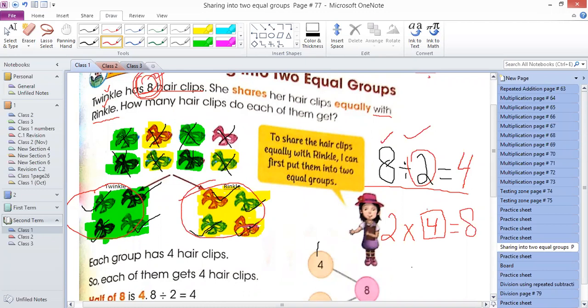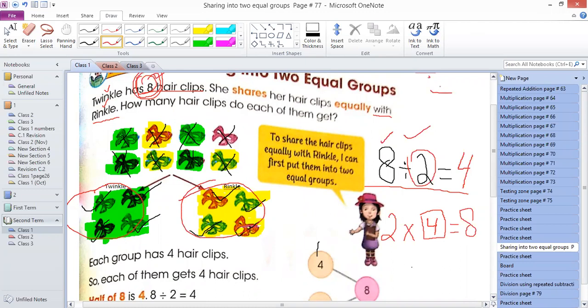How to write a division sentence, and what is a division sentence? Guys, to write a division sentence, you should know the number of objects you want to divide equally, you want to share equally. In the example, because you want to share 8 hair clips, you will write 8. Because you want to share equally, you will write the division sign.